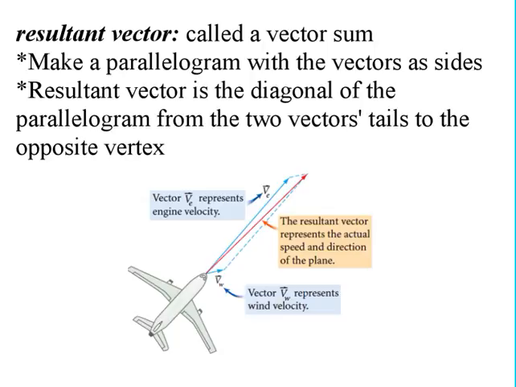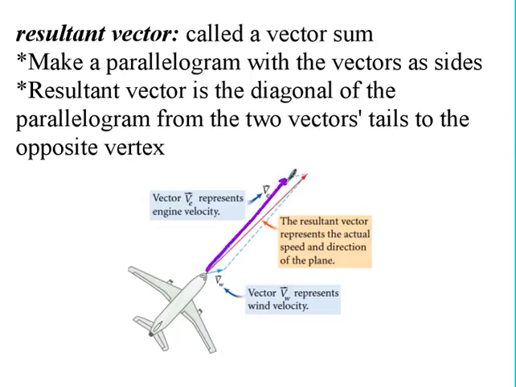How do you draw the resultant vector? You make a parallelogram with the vectors as the sides. The resultant vector is the diagonal of the parallelogram from the two vectors' tails to the opposite vertex. If you notice my two directions, I started with the velocity right here.